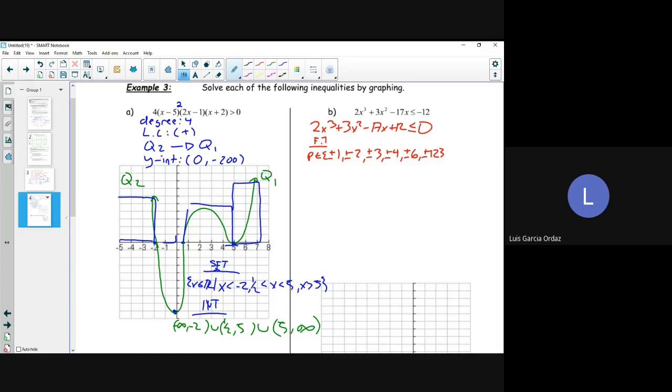And q is plus or minus 1 and plus or minus 2. And then the next thing we have to do is determine P over Q. So it gives us plus or minus 1, plus or minus 2, but it also includes what? 1/2 and 3/2.